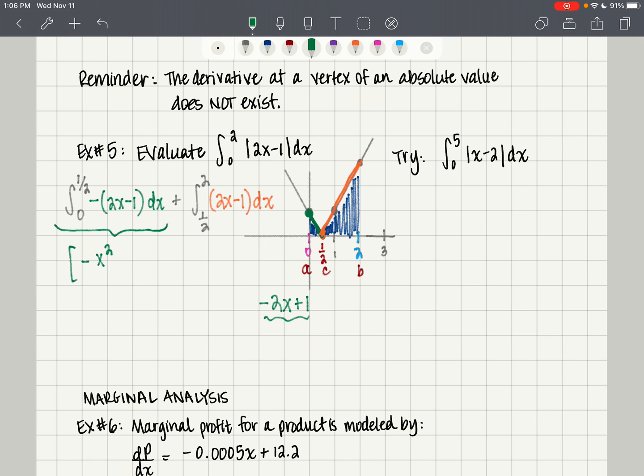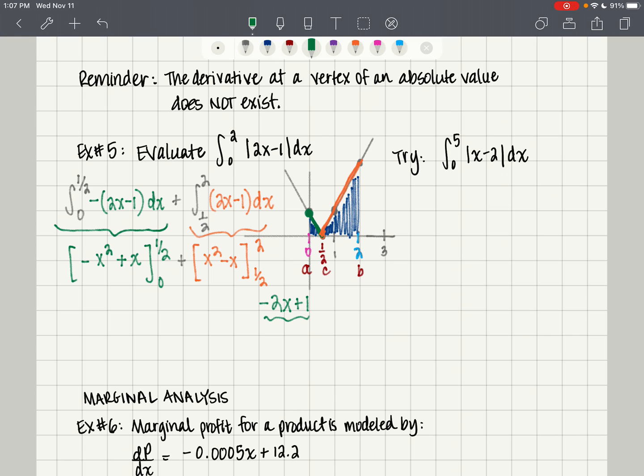So the opposite of x squared plus x evaluated from 0 to 1/2, plus, then we have this part right here, positive x squared, the antiderivative of 2x is x squared, minus x evaluated from 1/2 to 2.